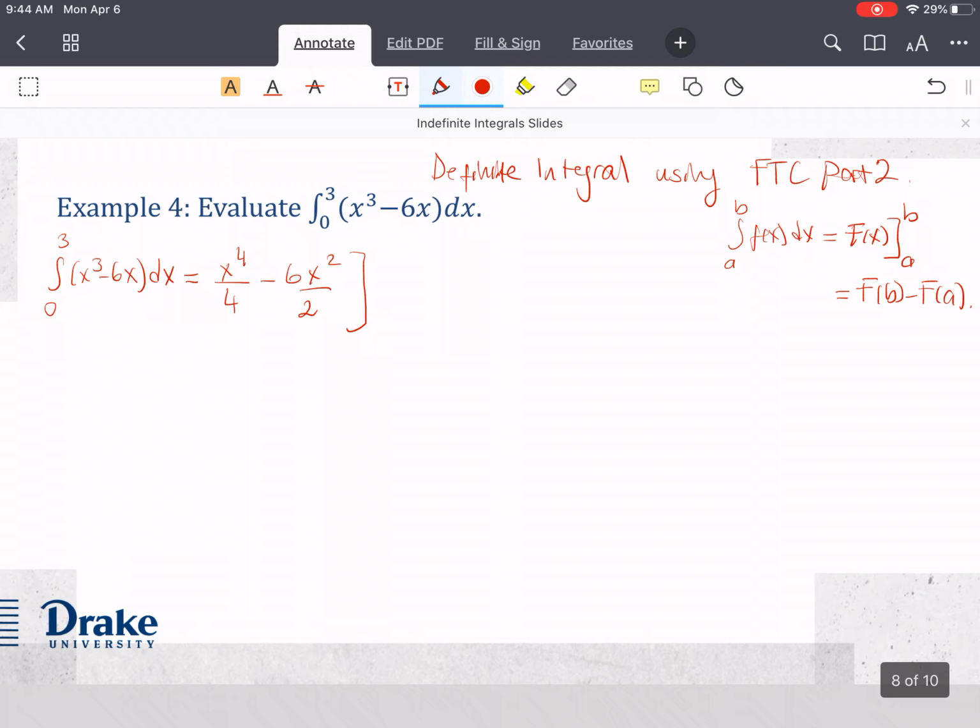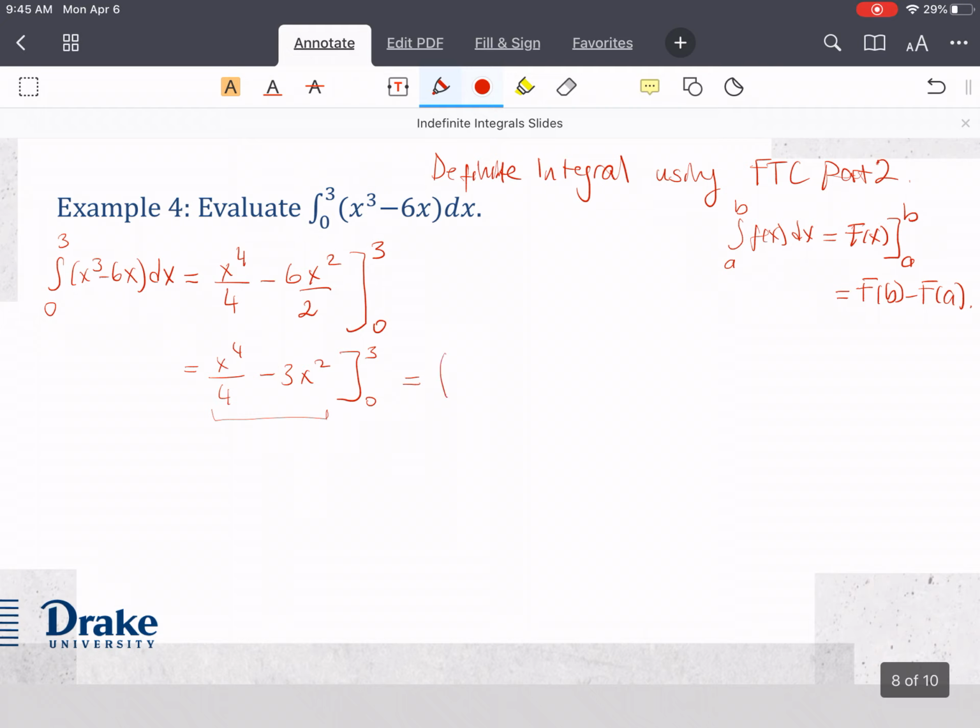So I'm going to evaluate this whole thing from 0 to 3. If we simplify a little on the inside, it's x to the 4th over 4 minus 3x squared. I simplified the second term. Okay, so I'm going to calculate this antiderivative function at 3, and then subtract it at 0.